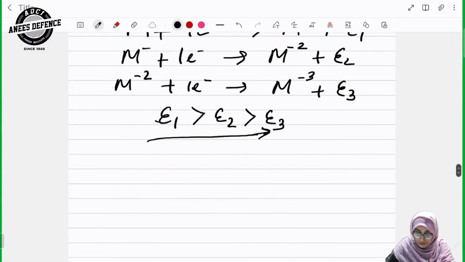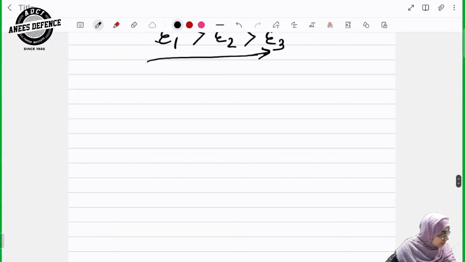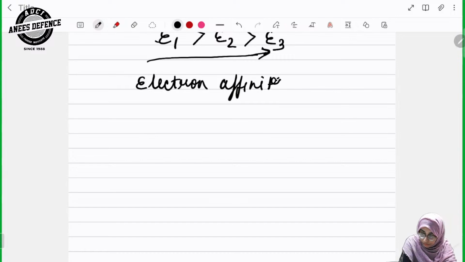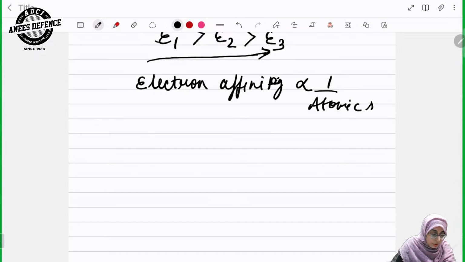Now we will see its trend. So what is the trend in the periodic table? Electron affinity is inversely proportional to the atomic size.